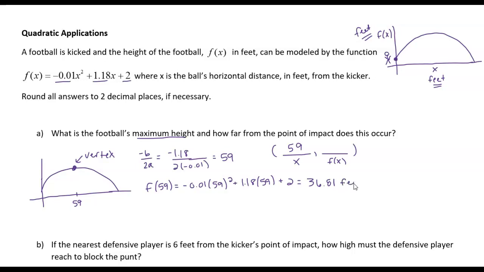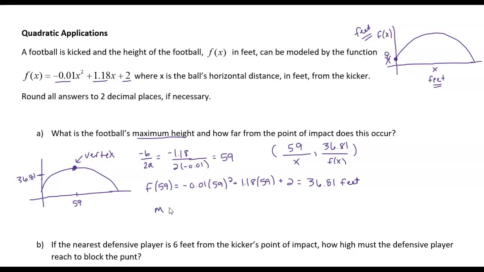This is also in feet, and that's the y part of that point, so that's this point over here. That's our maximum height. When it's 59 feet horizontally, it is 36.81 feet vertically.